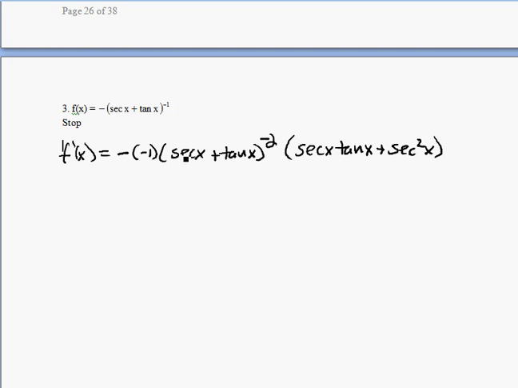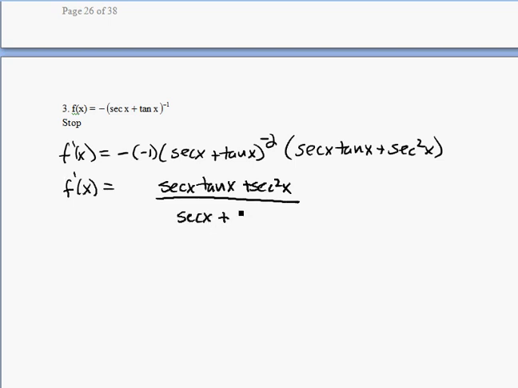I'm now going to move this to the denominator. Negative times a negative is a positive. So I'm going to rewrite it as f prime of x is equal to, this goes in the denominator, this goes up top, this becomes positive. So secant x tan x plus secant squared x all over secant x plus tan x quantity squared. Notice a common factor of secant.